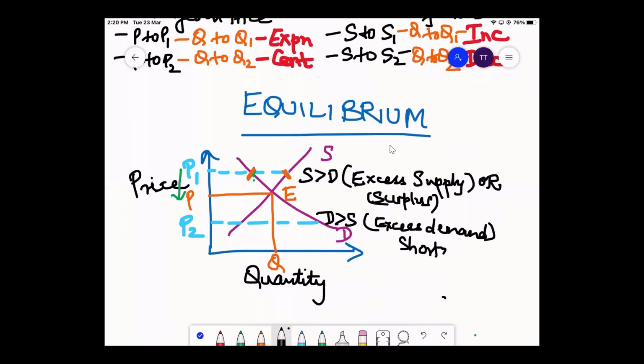Since it's excess demand, it gives a signal to the consumers. Suppose there are 200 new iPhone models which have come, but the demand is for 500 iPhones in your area. So you will go to the retailer and say, okay, if it's for 70,000, I'm ready to pay 75,000. You give it to me. Your retailer will say, I already have 10 people on the waiting list and I'll just be getting 4 iPhones.